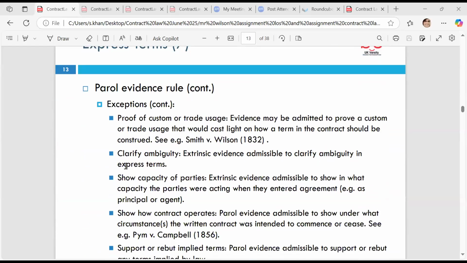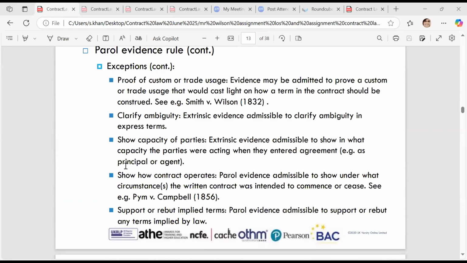Parol rule exceptions: you must have proof of custom or trade usage, you must clarify ambiguity, show capacity of the parties, show how the contract operates, and support to be rebutted for implied terms. Express terms are really crucial for defining the core obligations and rights of the parties involved so that they're able to establish the boundaries of that contractual relationship.